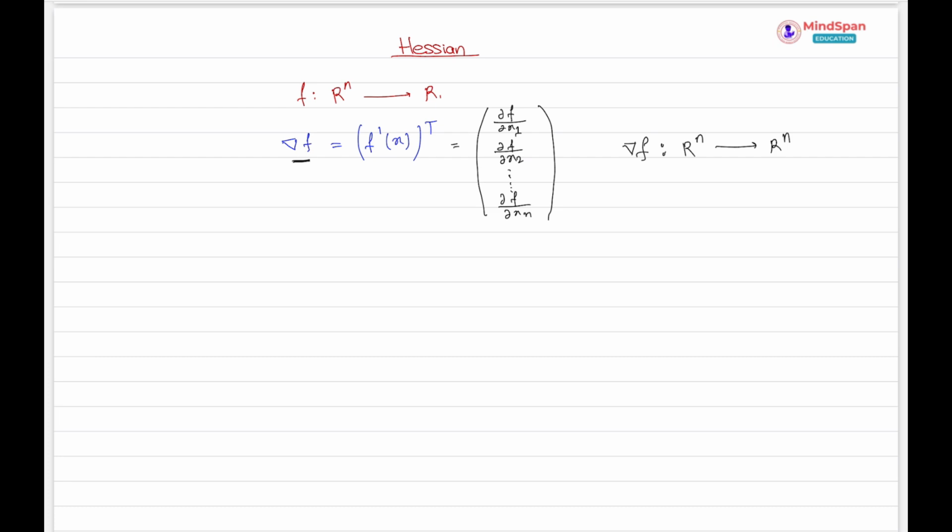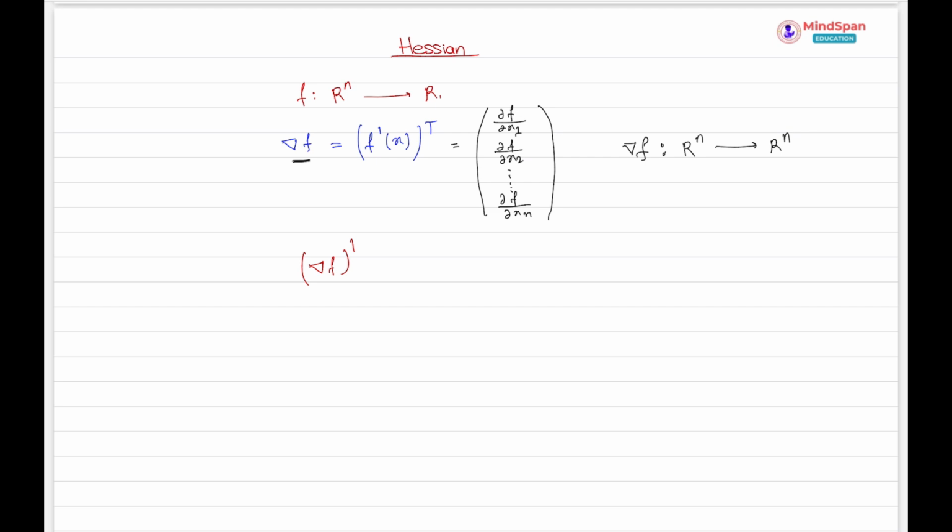right? Now if I ask you what will be the first derivative of this kind of function, we have seen in our last class that if we have a function that takes a vector as an input and produces another vector as output, then the first derivative of this kind of function is nothing but the Jacobian matrix.